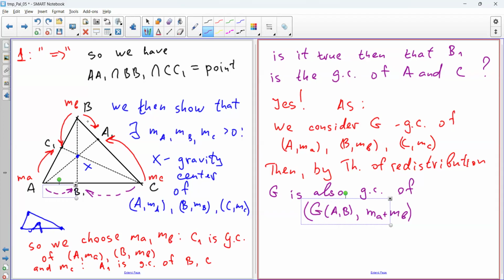So we change the subset of weighted points A and B to their gravity center with the total mass. And the second point to consider would be C with mass MC. And this point here, just by the choice of masses, is the point C1.